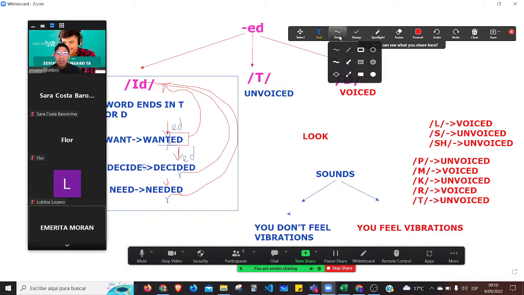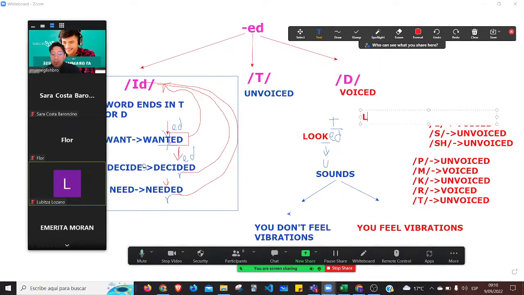The last sound is unvoiced. So when you add ed, you pronounce this like T. So you say looked, looked, looked.